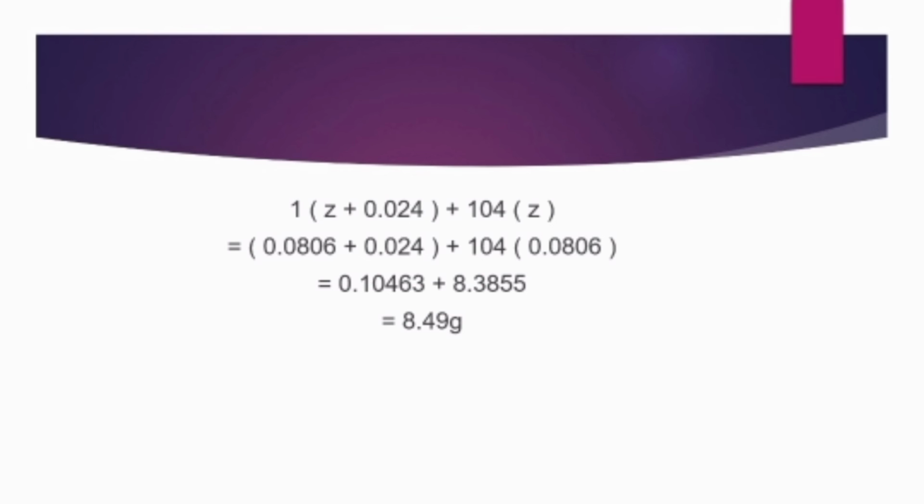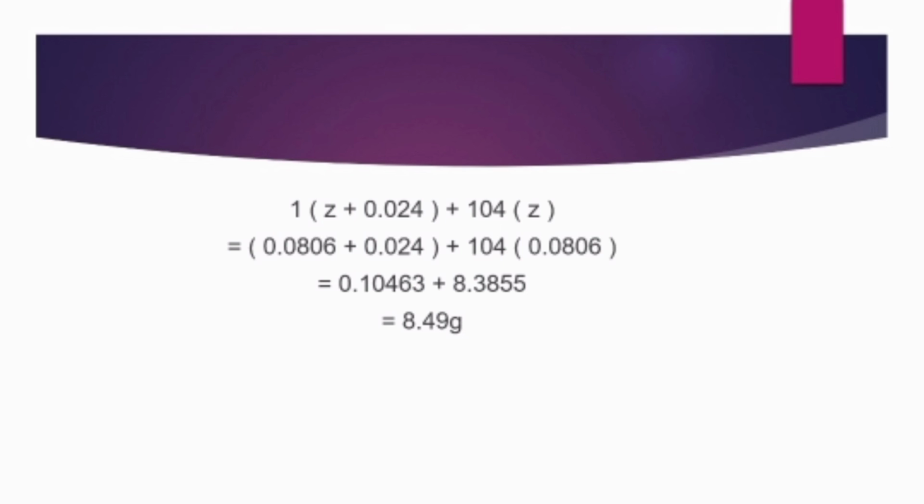As we know, Ina has 1 RM5 and 104 RM1. So we can find the mass of Ina's notes. So 1 times in bracket Z plus 0.024 plus 104 times Z. We know that the value of Z is 0.0806.